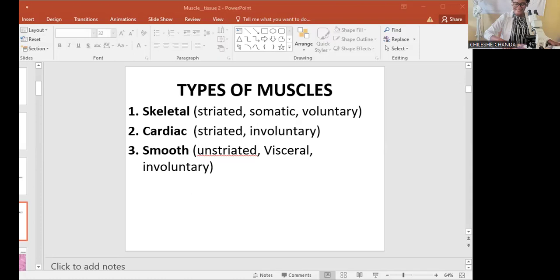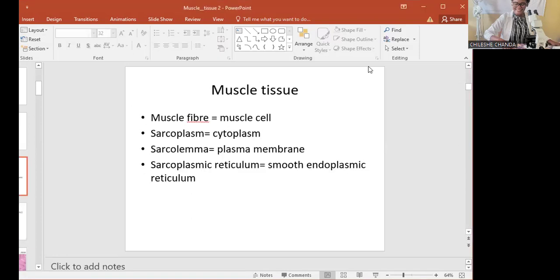Now, when you are talking about muscle tissue, the cells of the muscle tissue have specific functions. They have specific words that we are going to be using when we talk about muscle tissue.